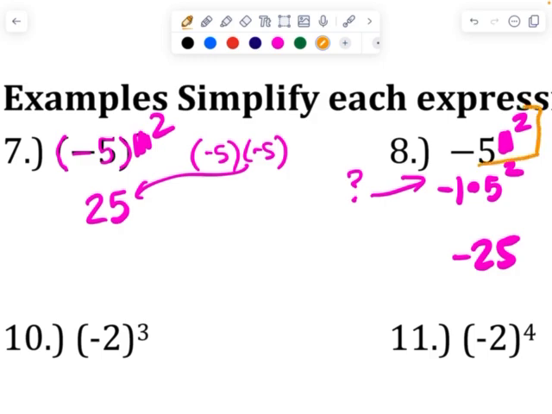So we're actually going to do 5 squared first, then multiplied by -1. So we actually have -1 times 5 squared, which simplifies to -1 times 25, and that's why we get -25. So parentheses matter. When you have a negative base, you must use parentheses.